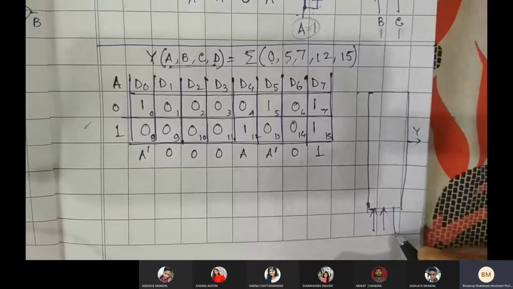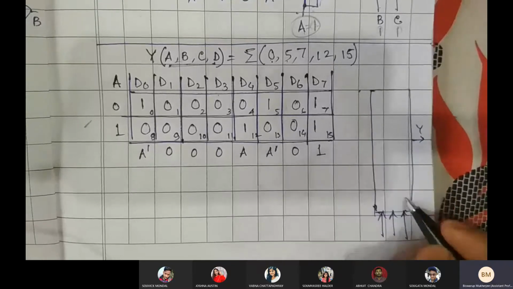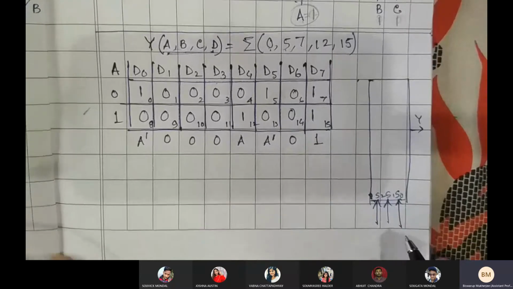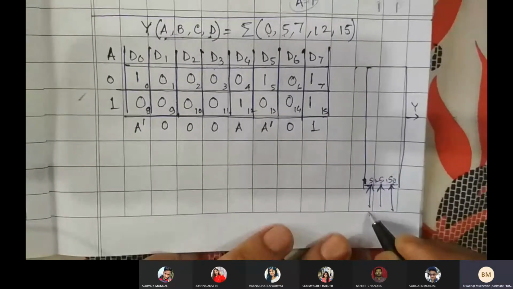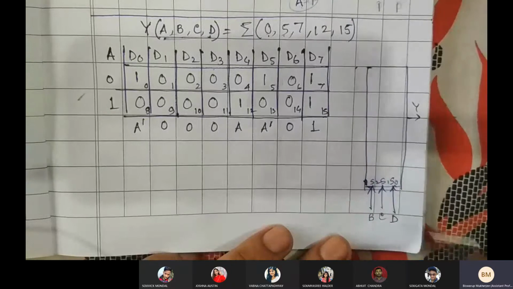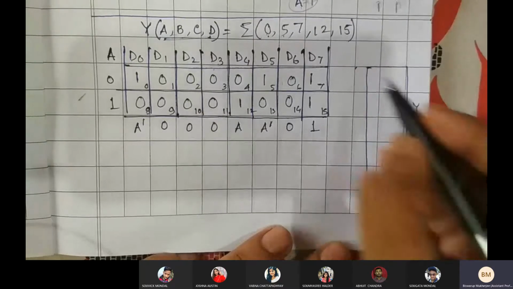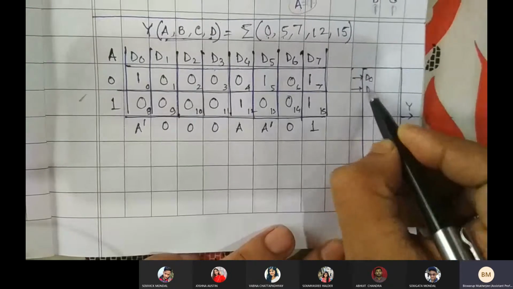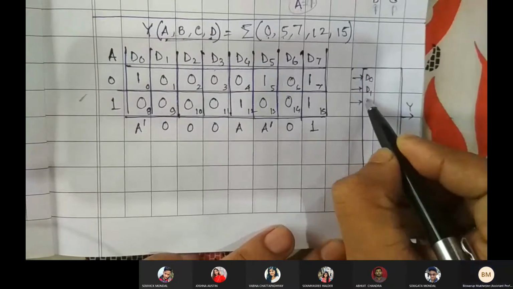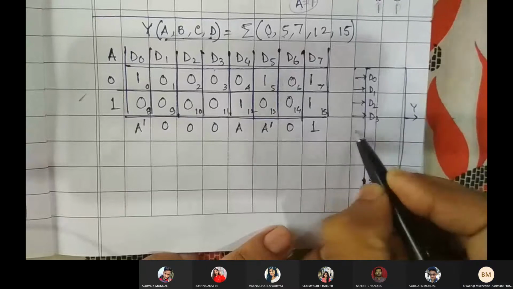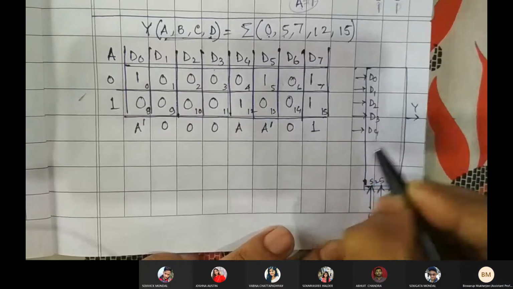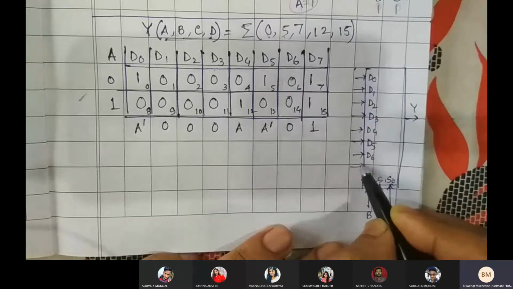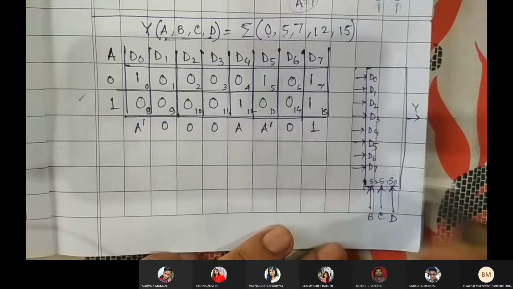Okay, so the 3 select lines, namely S0, S1, S2, are connected with B, C, and D. Directly, I'm writing that down, and I am having D0, D1, D2, D3, D4, D5, D6, and D7, right? Fine.